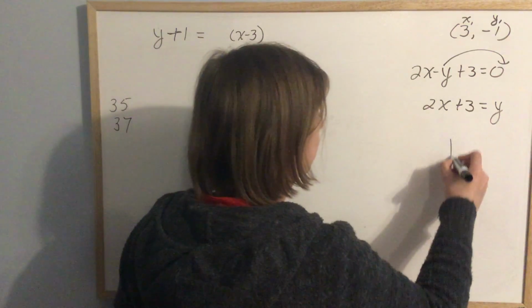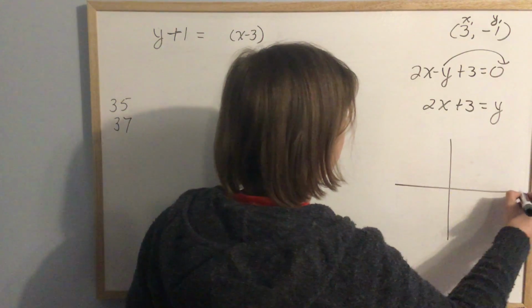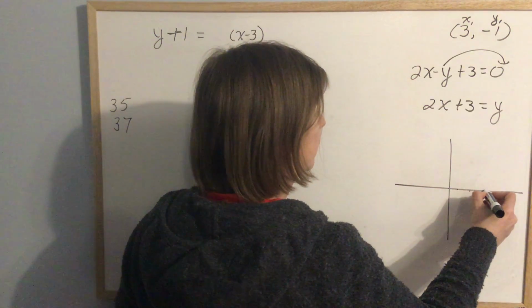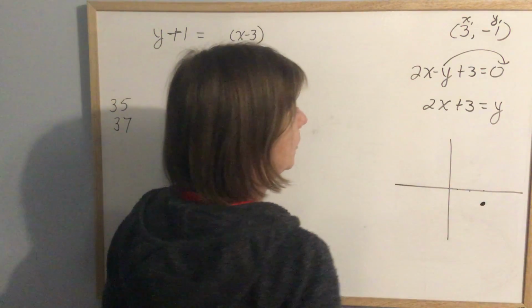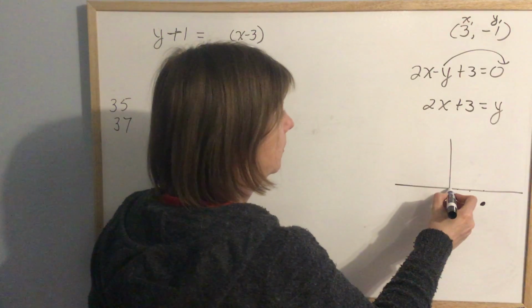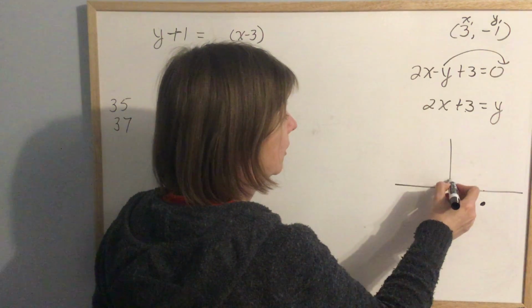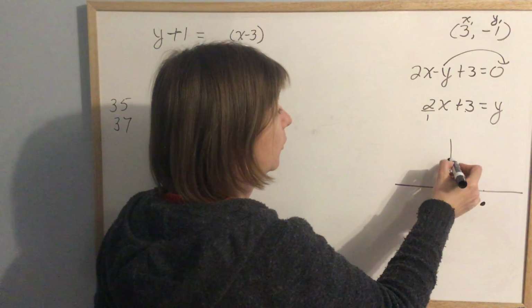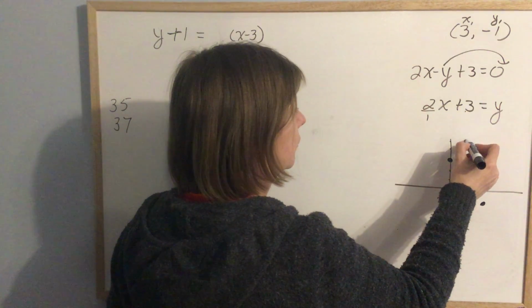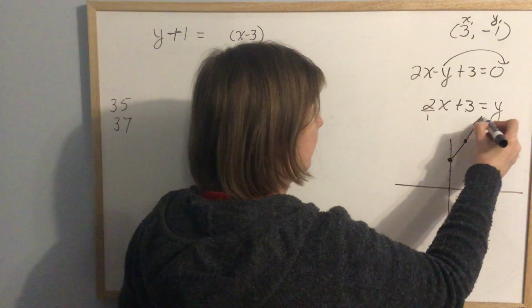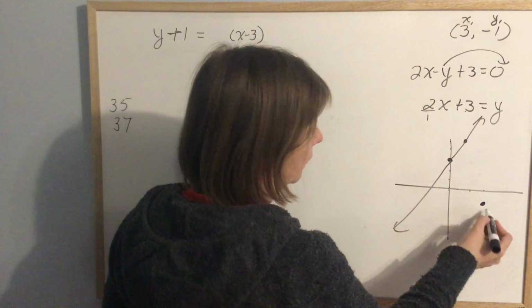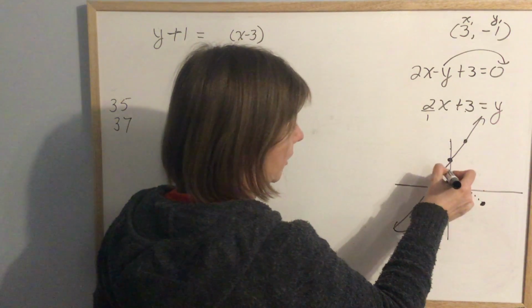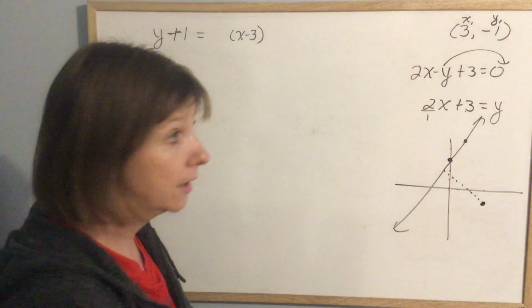So again, for visual's sake, 3, 1, 2, 3, and negative 1. That's my point. My slope, my y-intercept is 3, 1, 2, 3. My slope is 2 over 1, so up 2 over 1. So there's my line. So again, I'm looking at, I don't know, something like that, right?